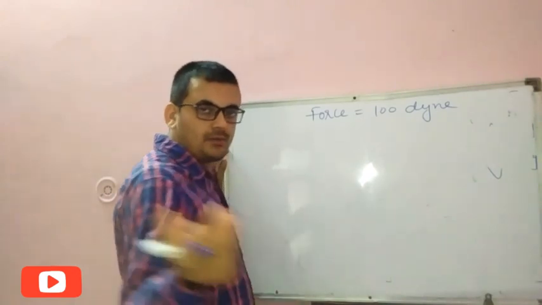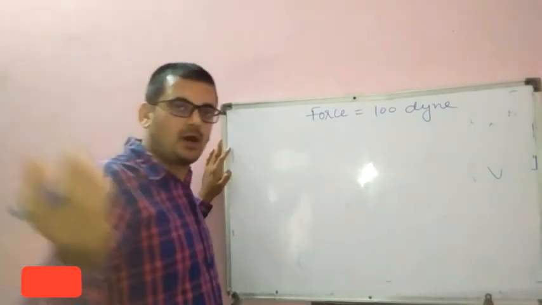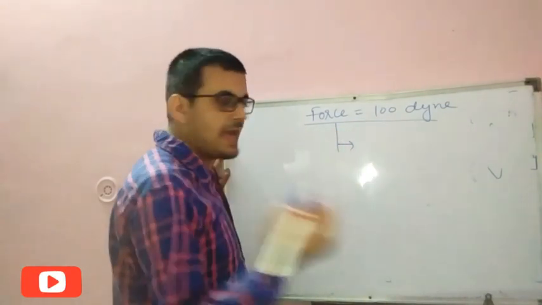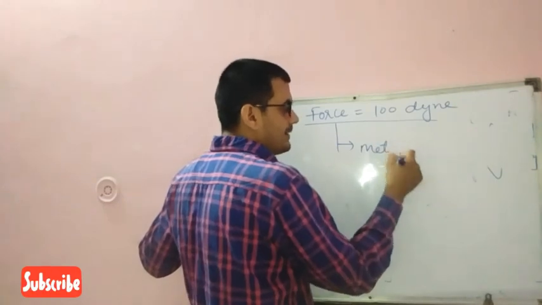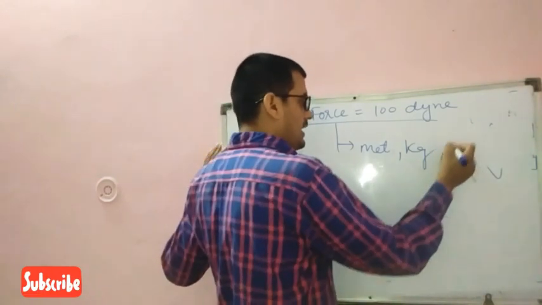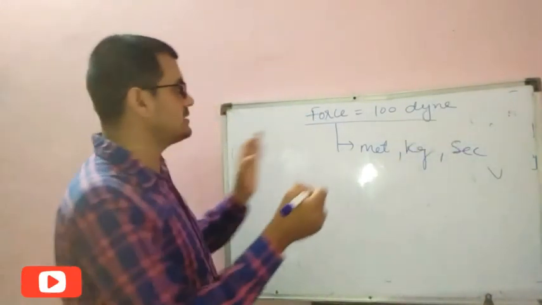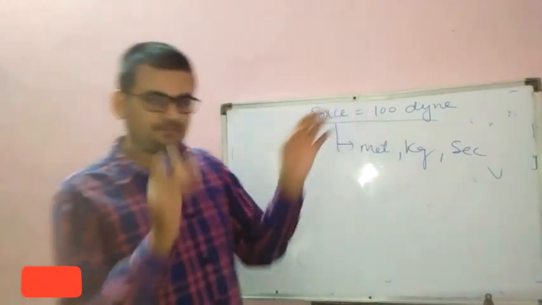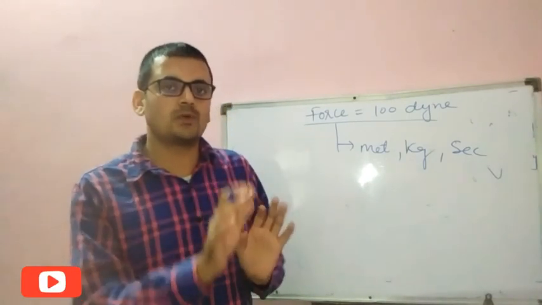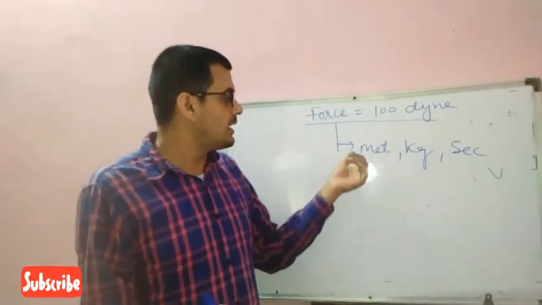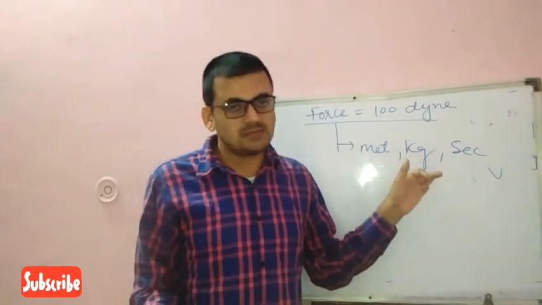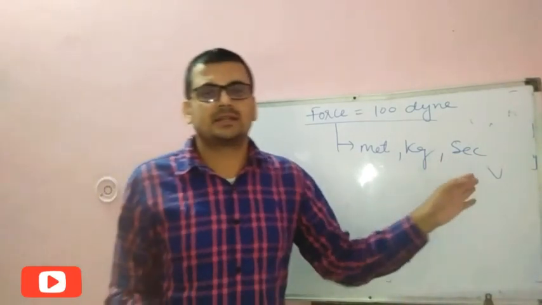We have to find out the value of this force in the system in which length is measured in meter, mass is measured in kilogram, and time is measured in second.